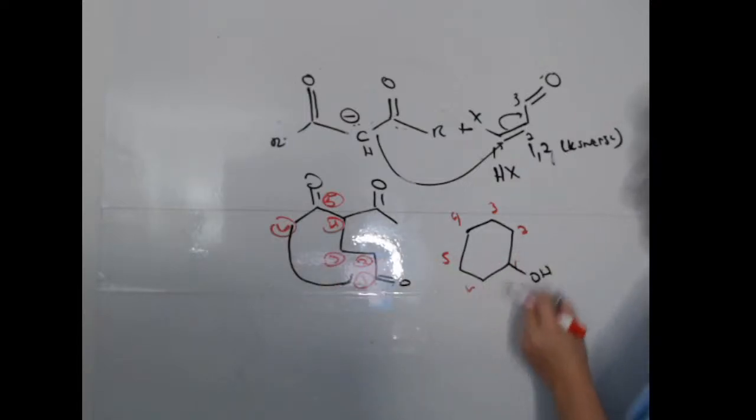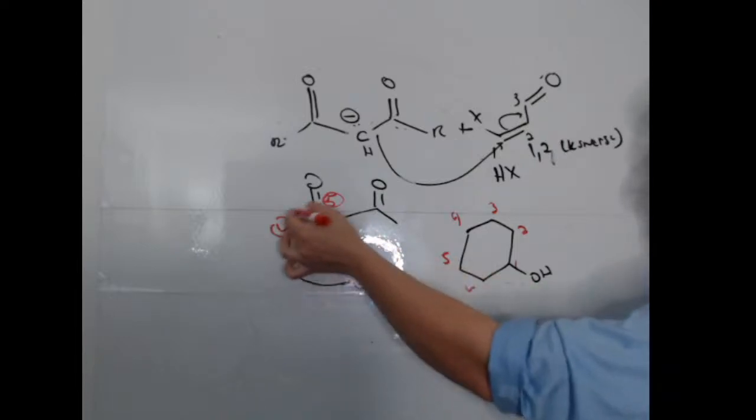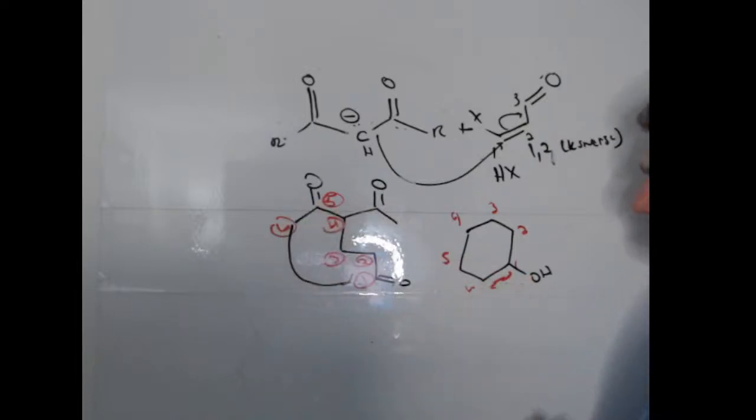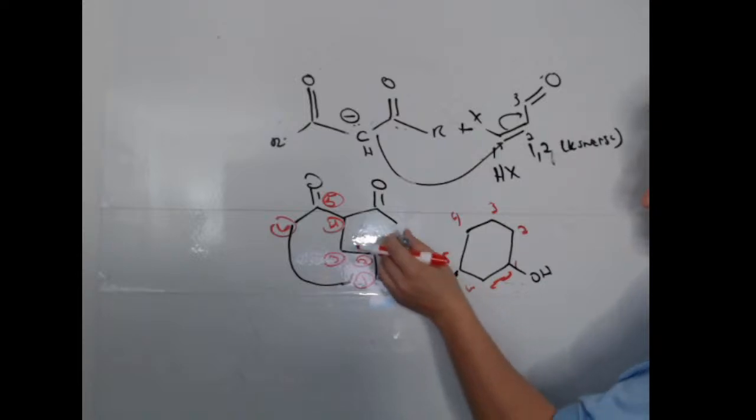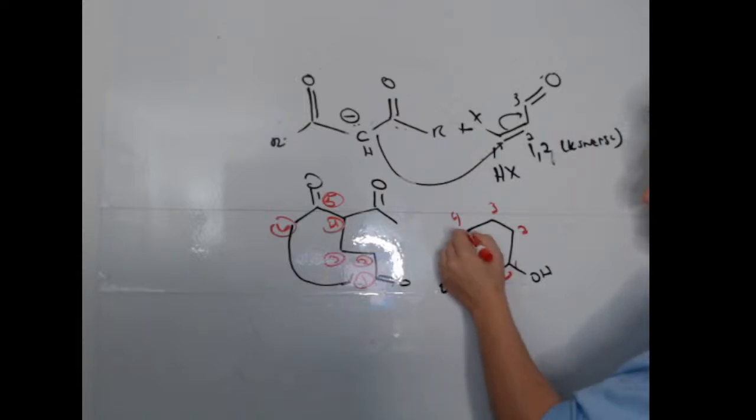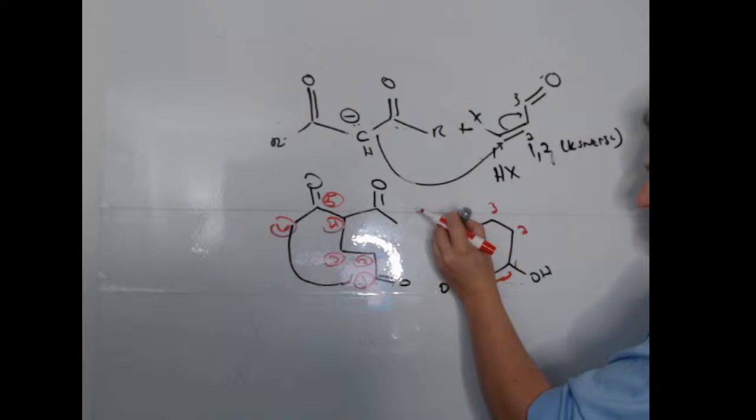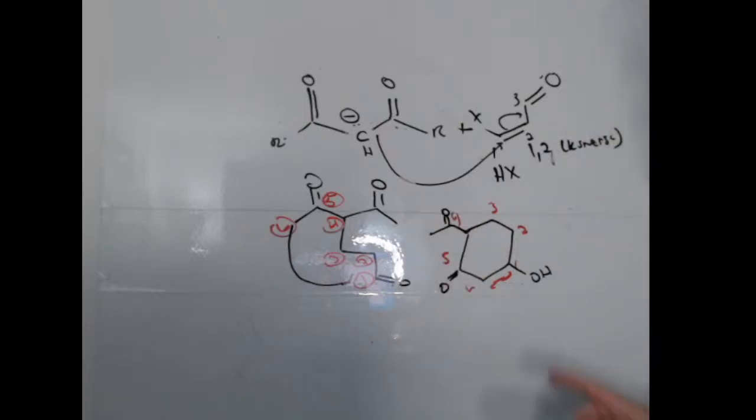This will give us the alcohol. So there's the 1,6 bond. Carbon 5 has that on it. Carbon 4 has the branch. And ultimately you would get an aldol condensation.